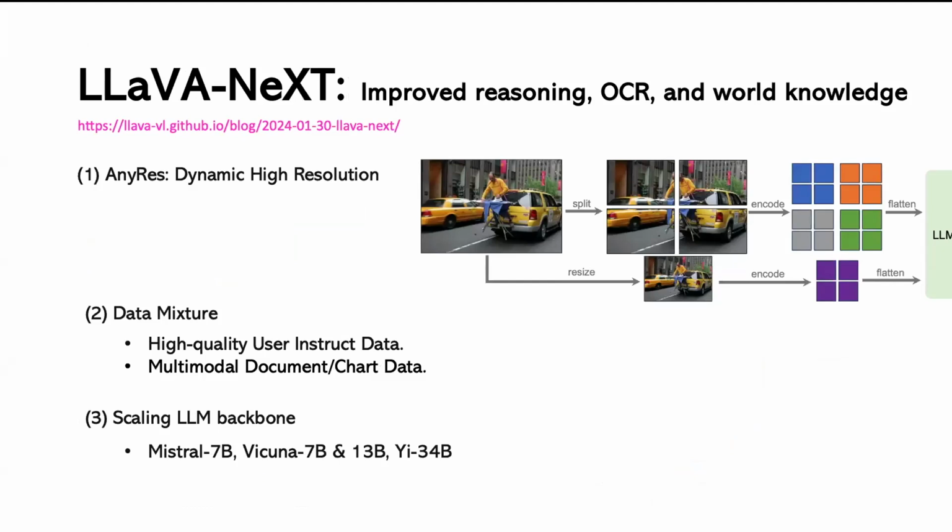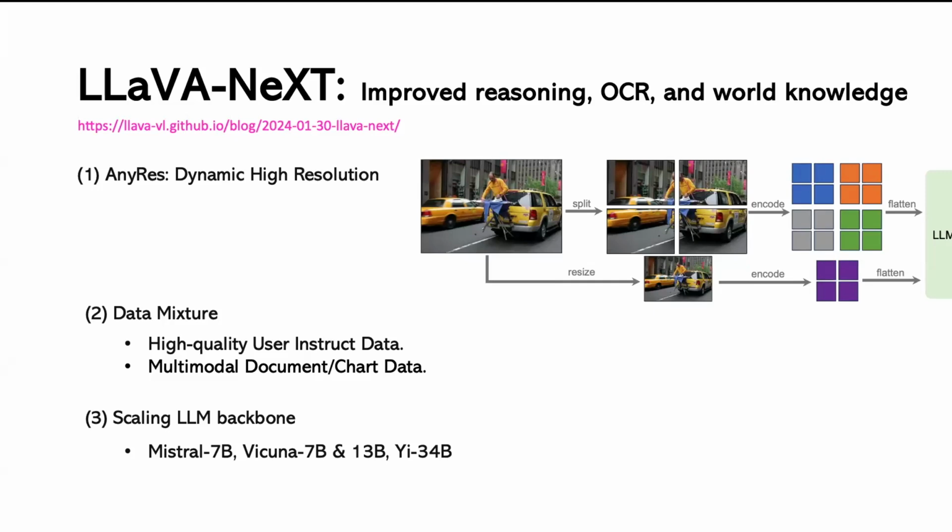And now let's introduce a new variant, which is Lava Next. We released it in January early this year. We combine three techniques. The first one is AnyRes. So remember in the previous Lava variants, the largest resolution that we can digest is about 336, and we also observe that improving the visual representation, especially the resolution, can improve the performance. But the largest resolution that a standard ViT can digest is just 336, right?